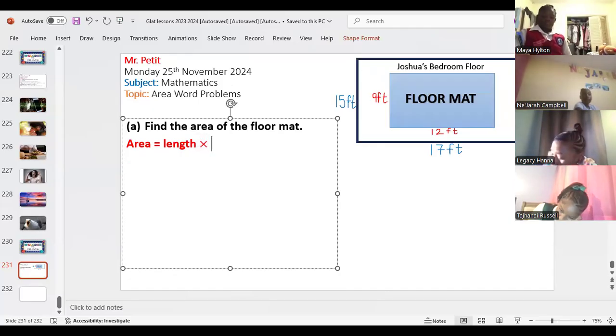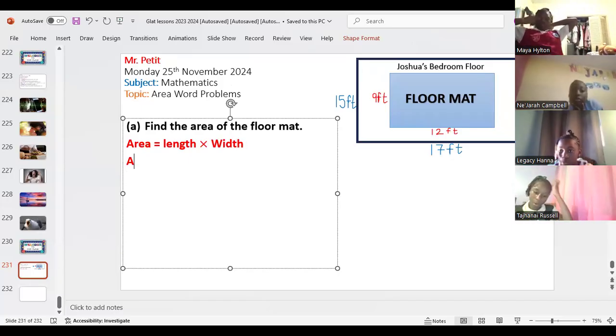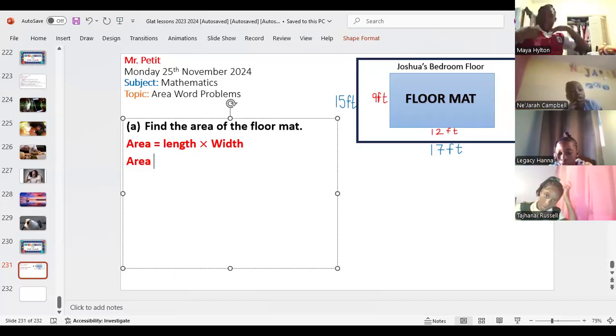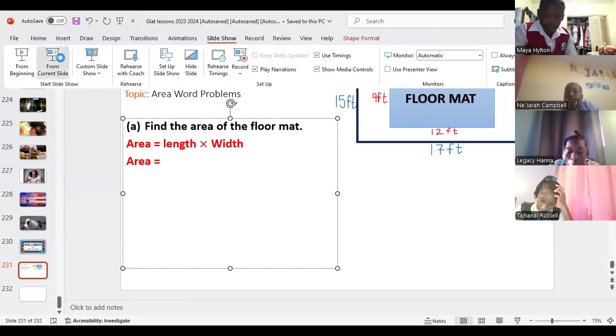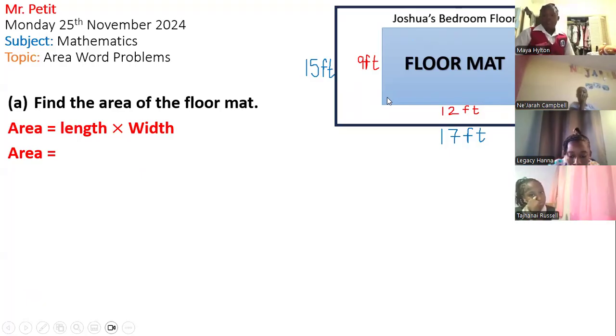Now the length is the longest side. Again, the length is the longest side. So what is the length of the floor mat? We have 9 feet and 12 feet.